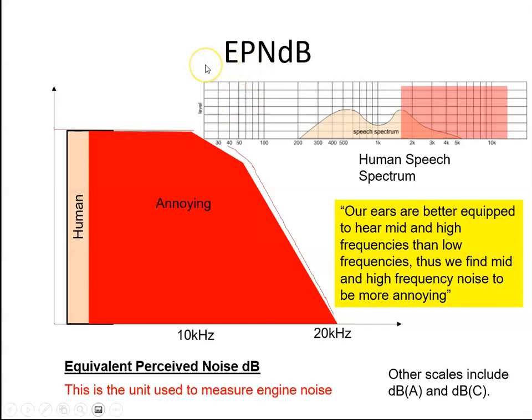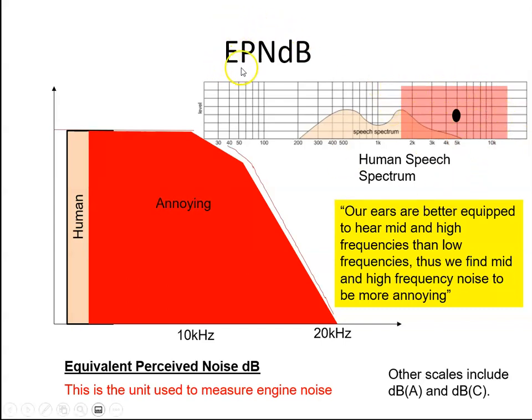The aviation authorities have said that if we have a noise level out here at 5 kilohertz, we need to penalize that noise because it's at a frequency that really annoys us. So they have created a scale which penalizes frequencies that are in the annoying range.